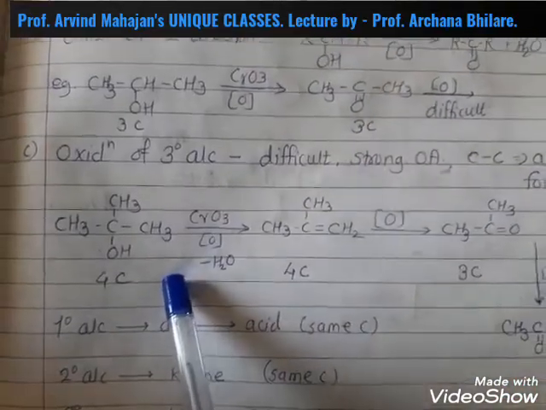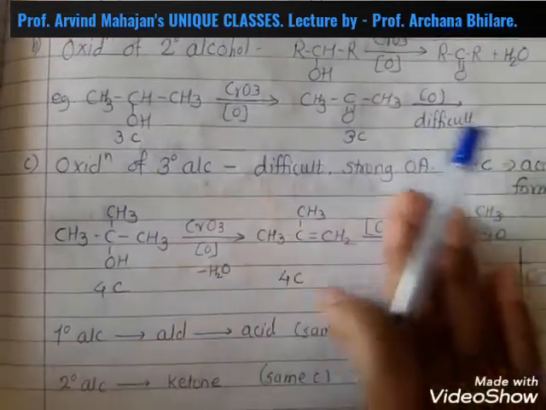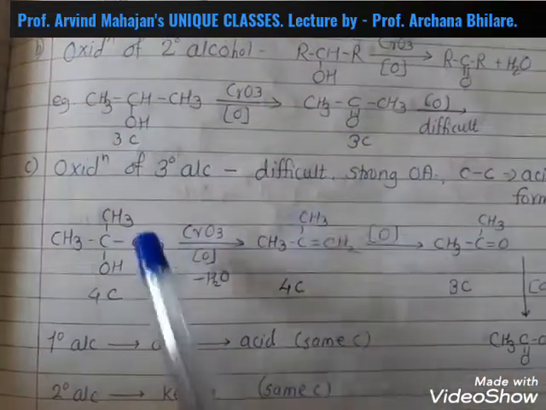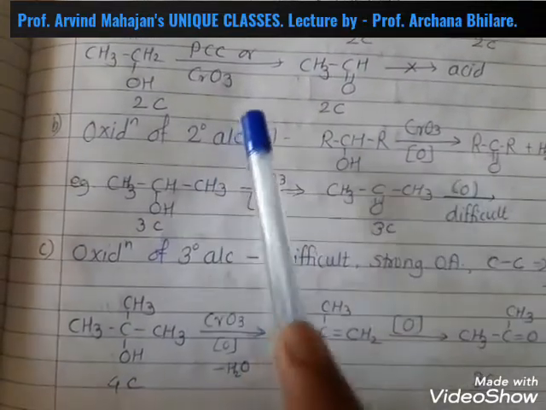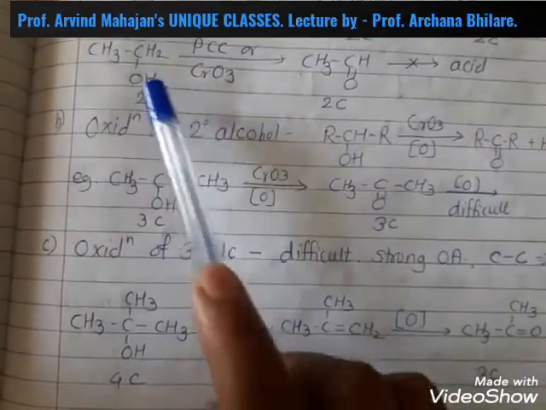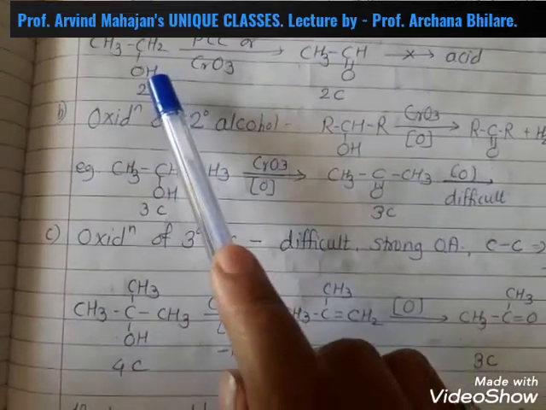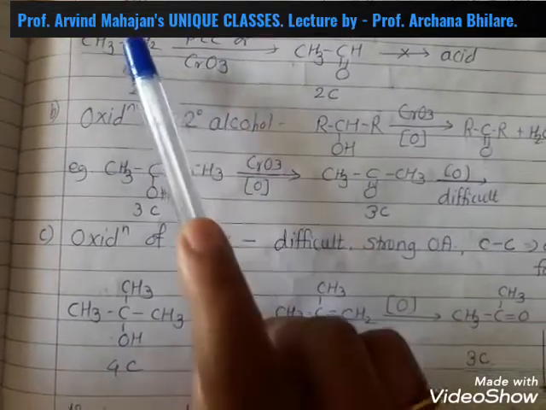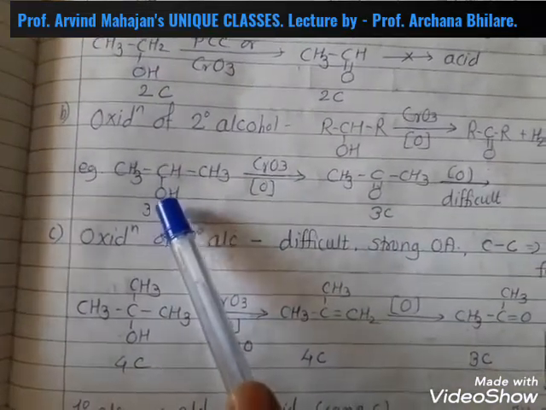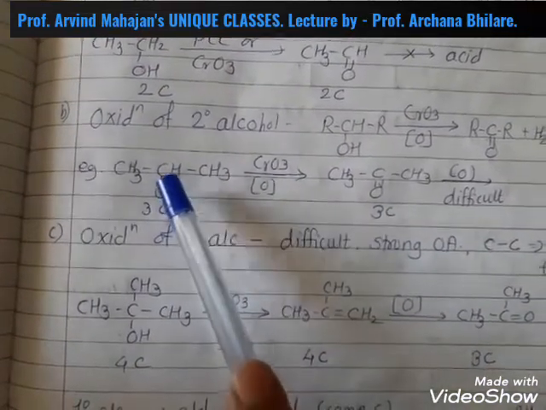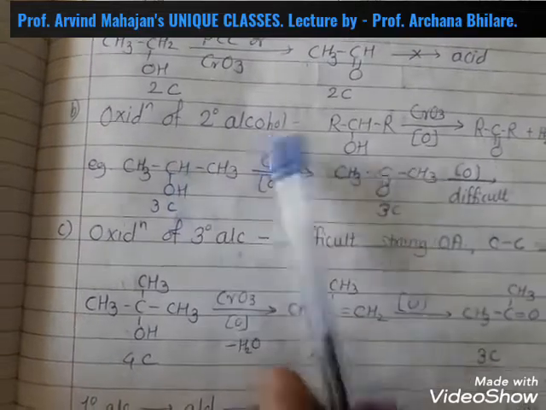See, in case of oxidation of primary alcohol and secondary alcohol, what was the first step? Addition of oxygen, removal of hydrogen. We have removed hydrogen of the OH group and hydrogen of carbon. Here also we have removed hydrogen of the OH group and hydrogen attached to this carbon.